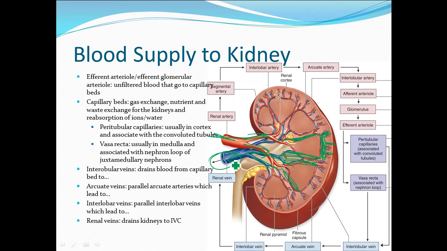So it's missing that segmental vein. It just goes into the renal vein. And once again, the right and left renal veins go into the inferior vena cava, back to the heart.